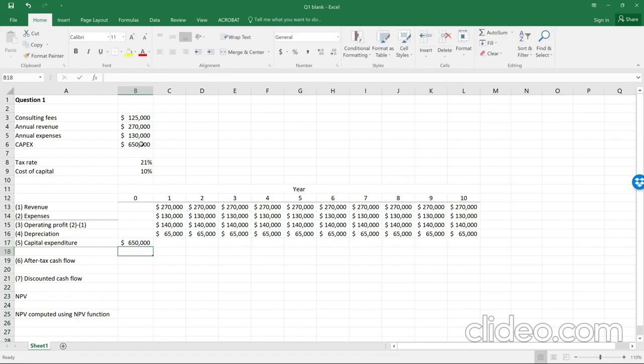Now, knowing operating profit, depreciation, and capital expenditure, we can compute after-tax cash flow. Recall that by definition, after-tax cash flow equals 1 minus tax rate, which is 21% in this case, multiplied by operating profit, minus capital expenditure, plus depreciation tax shield, which equals the tax rate multiplied by depreciation expense.